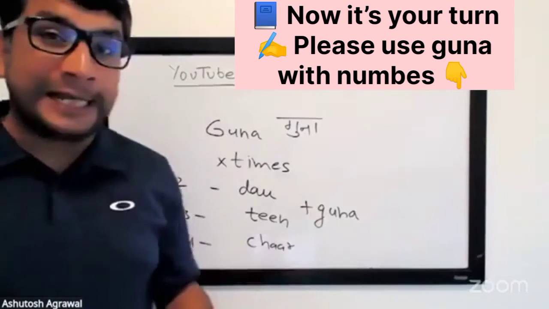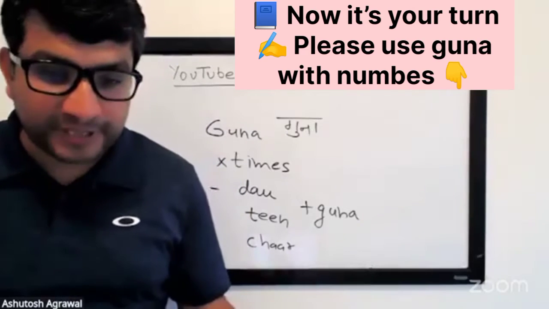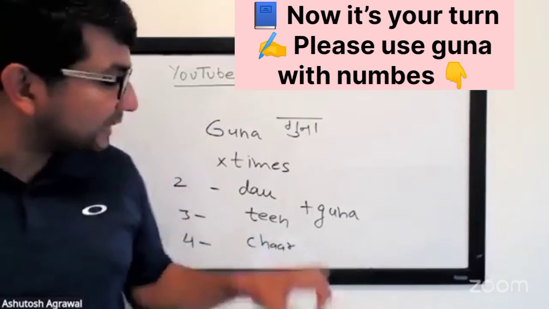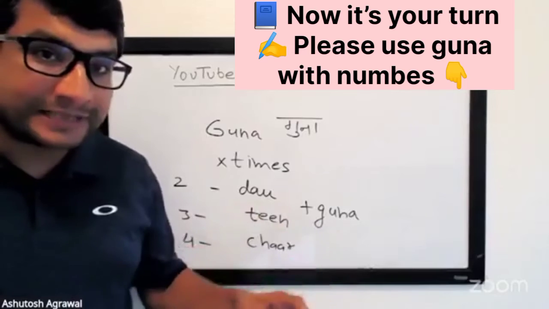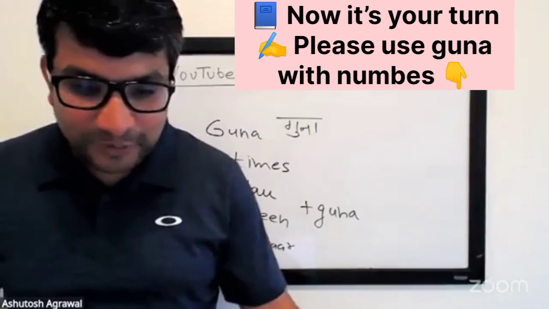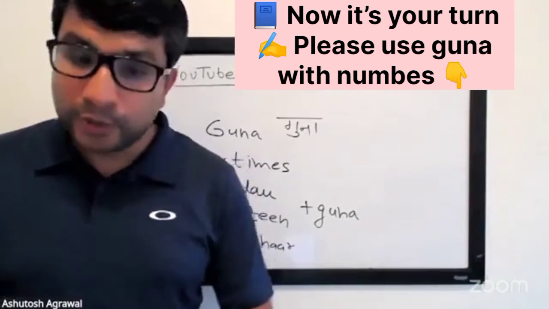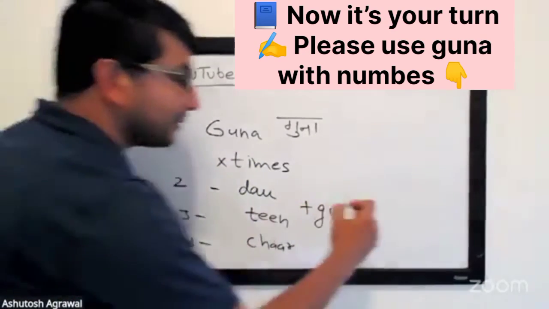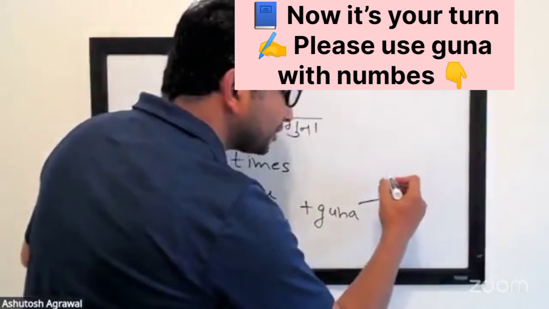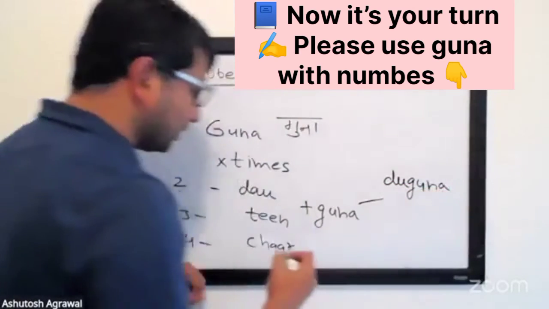Because these are numbers below 8, there are different ways to say it as well. Because they are used so frequently, rather than two different words, do guna becomes duguna, which is the same as do guna, and if it is simple, you can simply say do guna. So you will hear two terms. You can say duguna or you can say do guna.